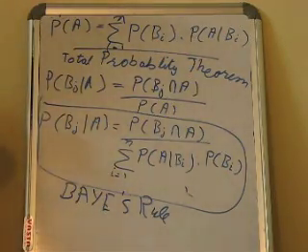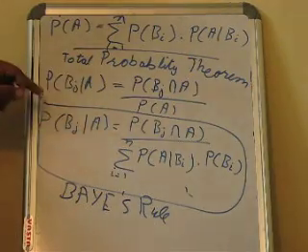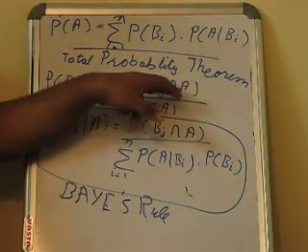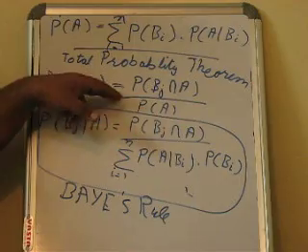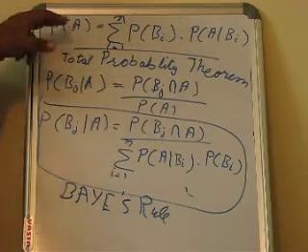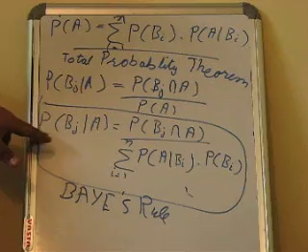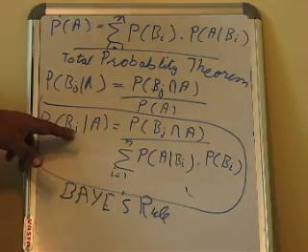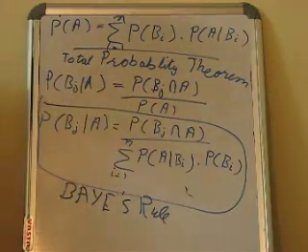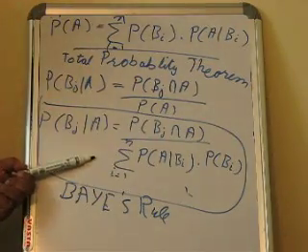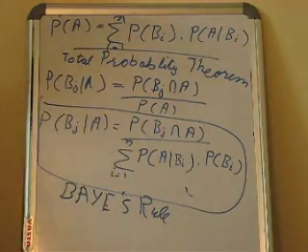Using conditional probability and the total probability theorem, we get P(Bj|A) equal to P(Bj intersection A) divided by P(A). Now using the total probability theorem, we put the value of P(A). So finally you got the probability of Bj provided A has already occurred is equal to P(Bj intersection A) divided by the summation of P(A|Bi) into P(Bi). This is called Bayes rule.